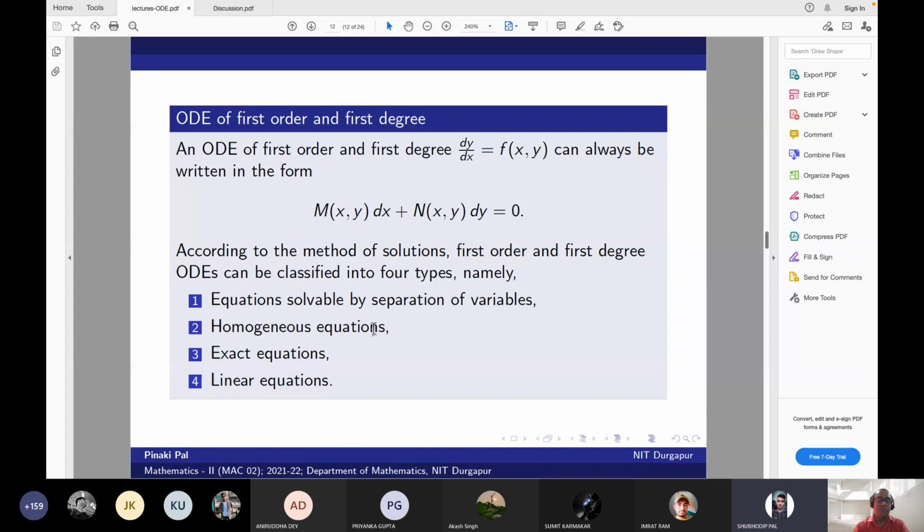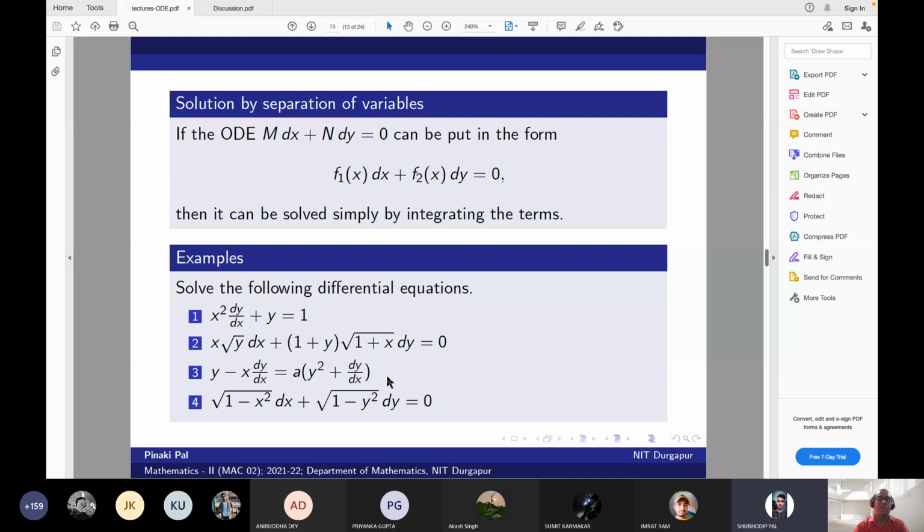Now next, the homogeneous equation. I will just touch each of the types very briefly because already you know all these things. Homogeneous equation means which can be represented in the form dy/dx is equal to f(y/x) or f(x/y). Okay, I will come to the examples, and exact equations and then linear equations. Okay, so let us discuss one by one.